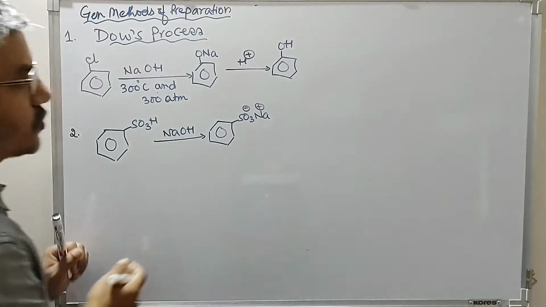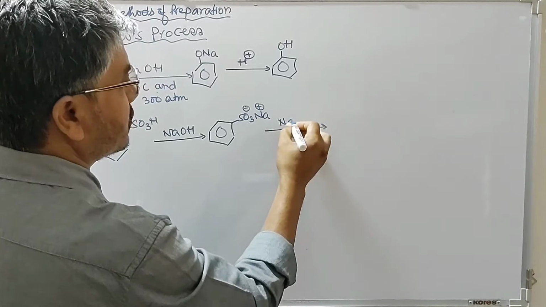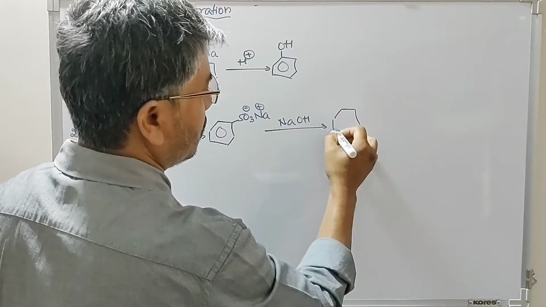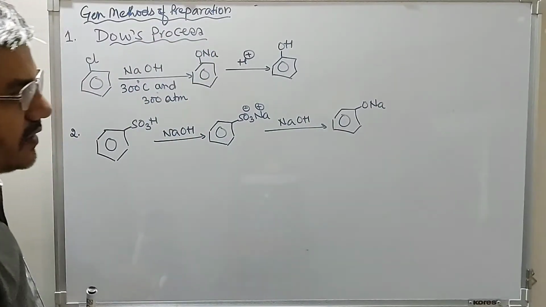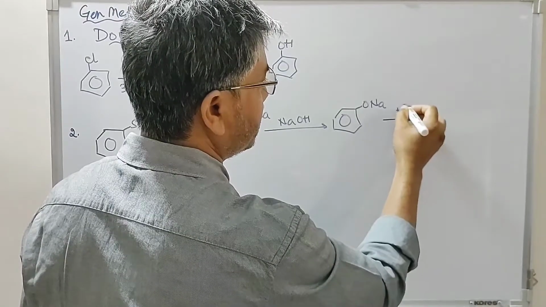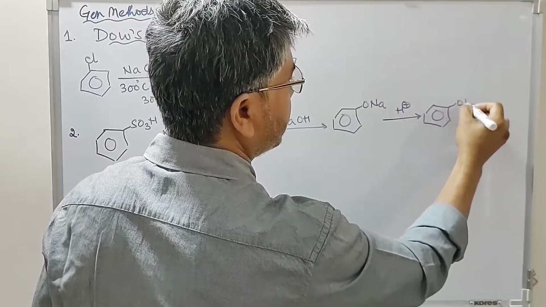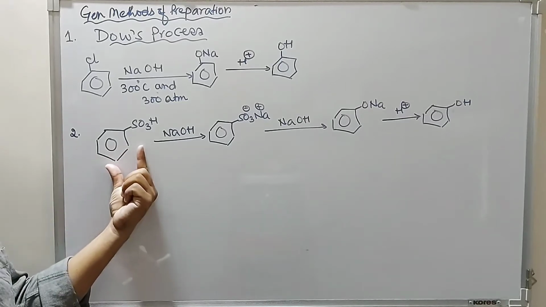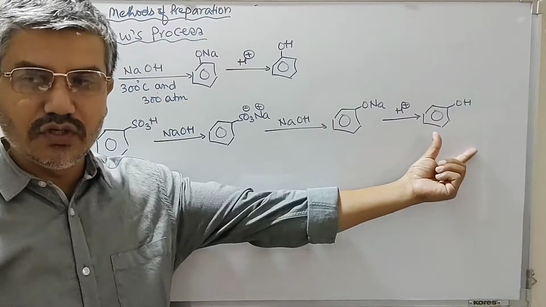Now this sodium salt of sulfonic acid on further fusion with sodium hydroxide, the sulfonic group is replaced by OH group. So we say sodium salt of phenoxide. This sodium salt of phenoxide on acidification gives you phenol. So simply look at this, fusion of benzene sulfonic acid with sodium hydroxide followed by acidification gives you phenols.